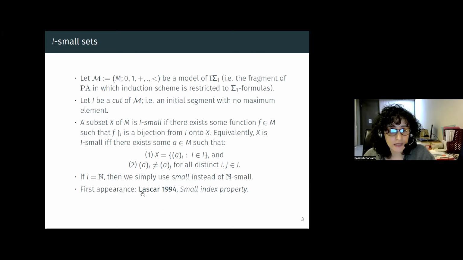For this purpose, he wanted to simulate a method that was used before in set theory, and he needed submodels of the ground model with smaller cardinalities. But in models of Peano arithmetic, we didn't have such submodels. So he introduced the notion of small submodels.